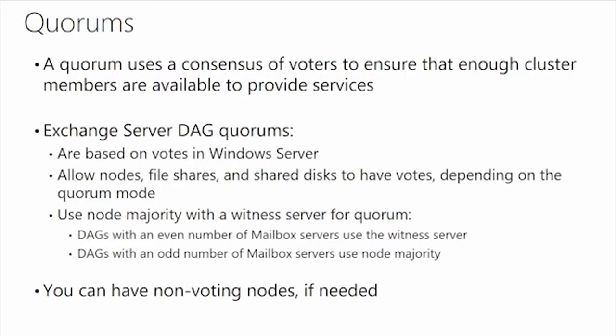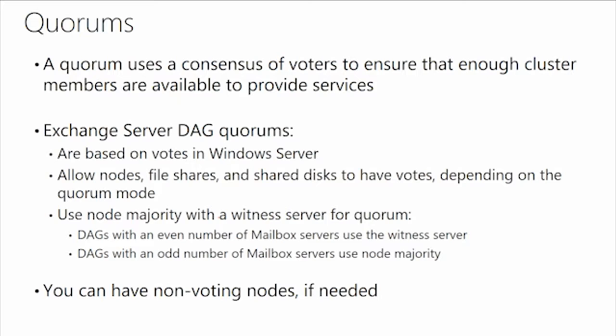Now the 3 servers on one side and the 3 on the other side don't know about the other servers, so they're each going to mount the database and serve users. But this causes a problem because now the same database is active on 2 different servers. That's called a split brain.